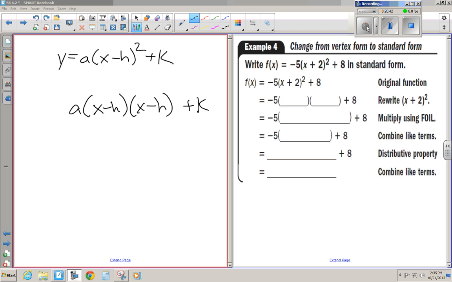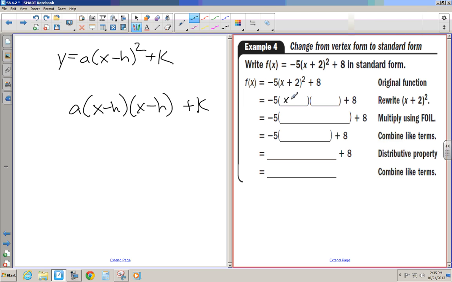All right, so this is just like this example over here. X plus 2 squared means x plus 2 and x plus 2. So now when you FOIL, it's x times x, which is x squared. It's x times 2, which is plus 2x.